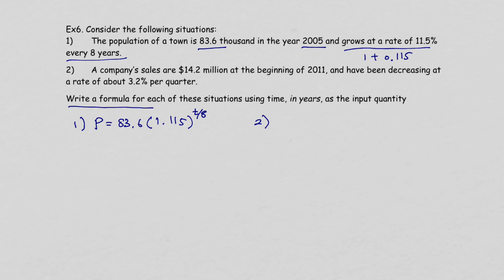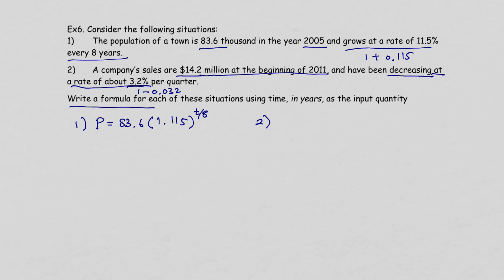What about example 2? So this is company sales. Initial sale in this year and has been decreasing, and this is the rate. So decreasing at this rate means you're going to do 1 minus 0.032, right?